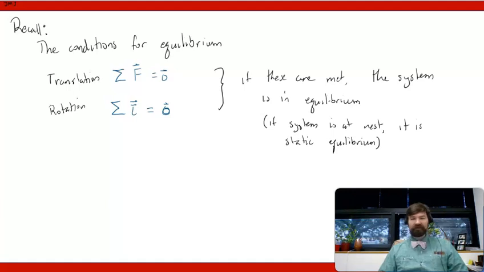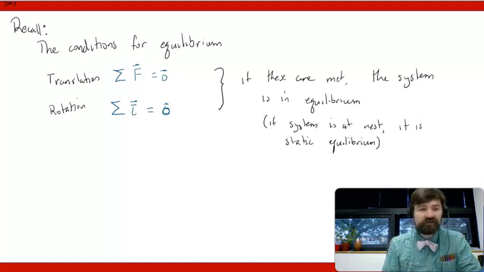In one case, jostling it makes it return to that equilibrium point. In the other case, it takes a bit more effort, and any amount of jostling is going to make it fall, basically go away from that equilibrium.